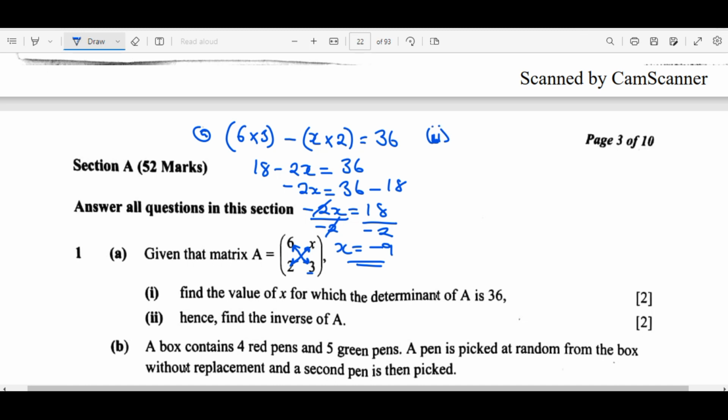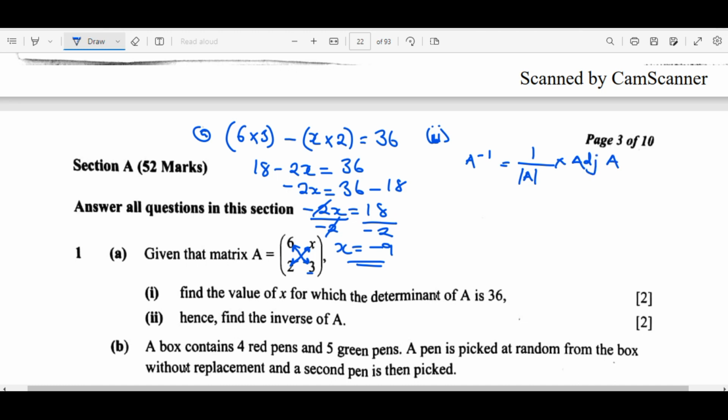Hence, find the inverse of A. So to find the inverse of A, we are saying that the inverse of A is equal to 1 over the determinant, and then you multiply by the matrix which is given.